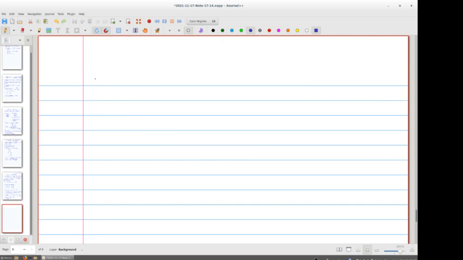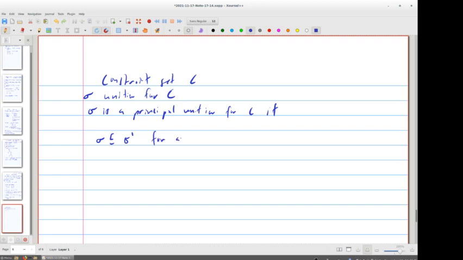Given a constraint set C and a unifier for C, say sigma is a unifier for C, then sigma is a principal unifier for C if, well, first it has to satisfy C, but we've already said that, if it's less than or equal to sigma prime for all sigma prime that also satisfies C.